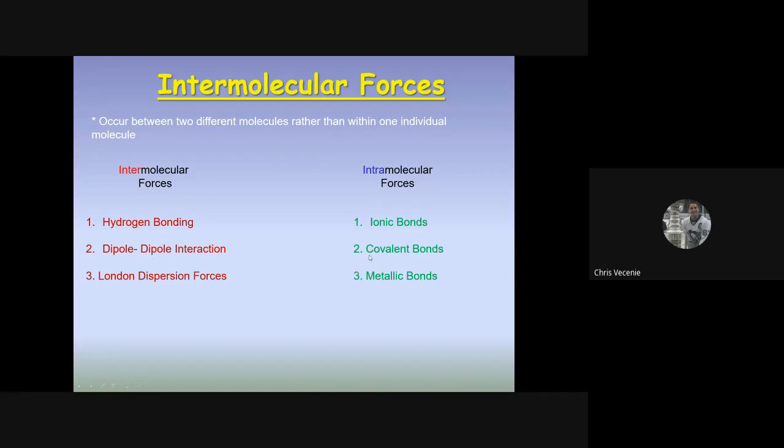So covalent bonds are the stuff we learned about before, right? Single bonds, double bonds, triple bonds. We can draw pictures of them, but I can draw an individual covalent bond, right?